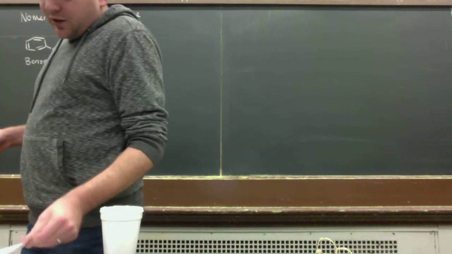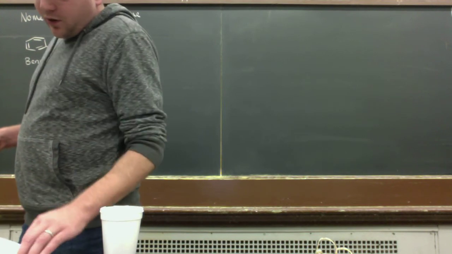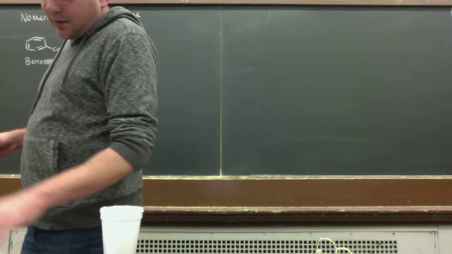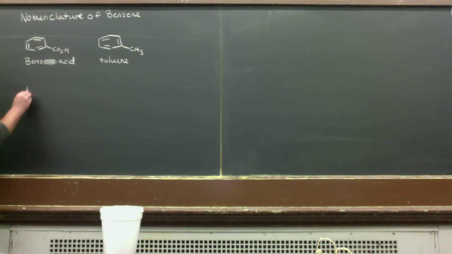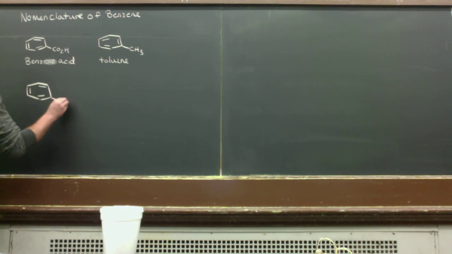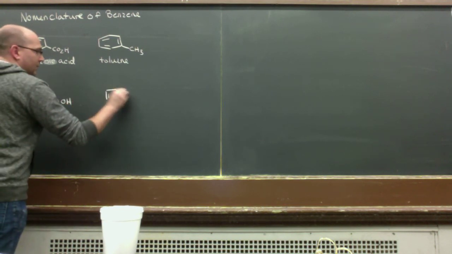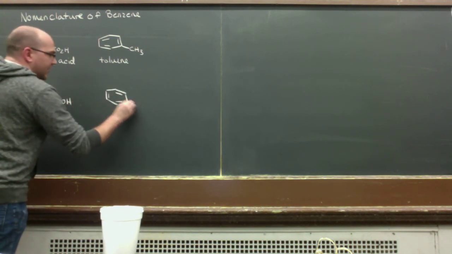And the one other that may come up from time to time is going to be aniline. Okay, so aniline and phenol, I'll bring up those two. This compound is phenol, and the equivalent with nitrogen is aniline.